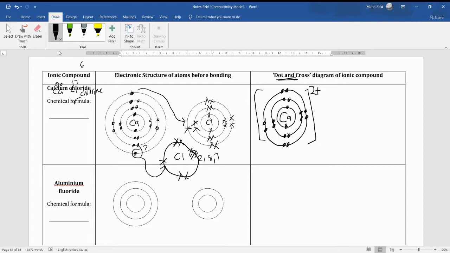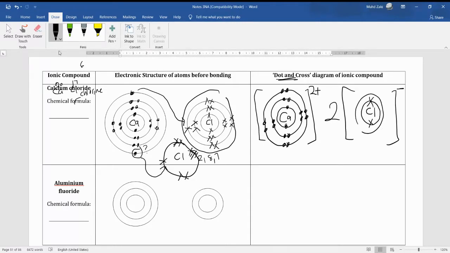Now, how about chlorine? Chlorine will accept 1 electron, and there are 2 of them. Sorry, you can write down the number 2 here. Don't worry. Okay, and I did draw chlorine with a cross, so I must draw it with a cross here too, right?